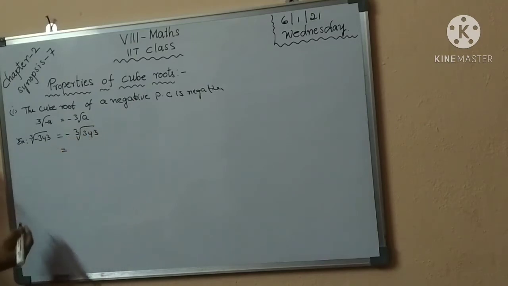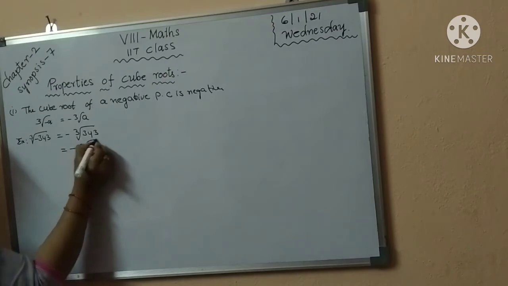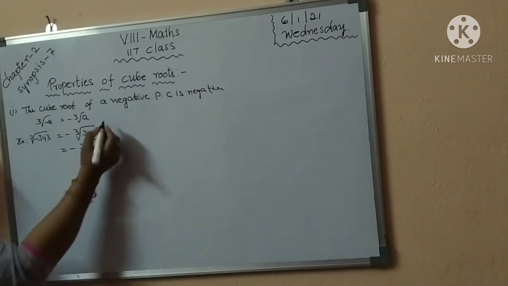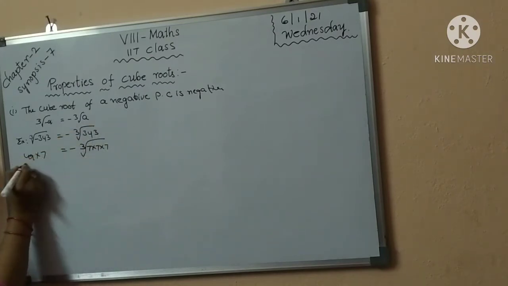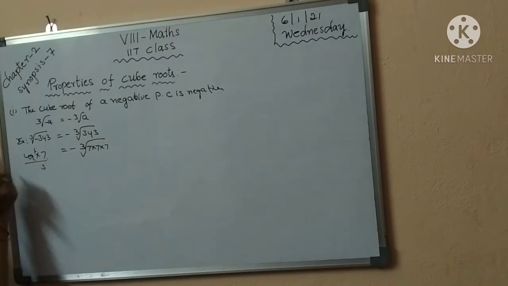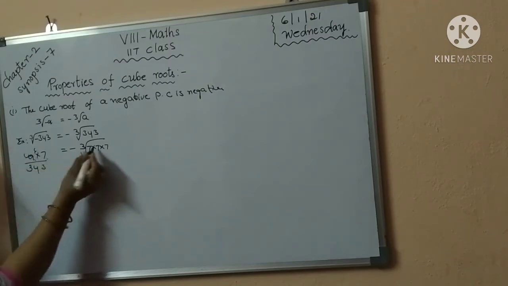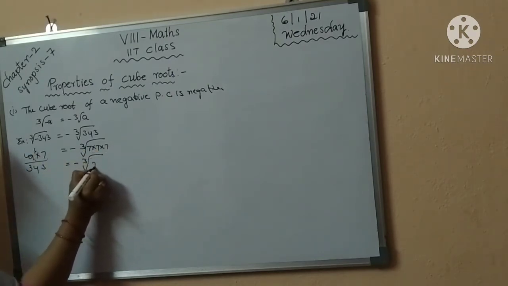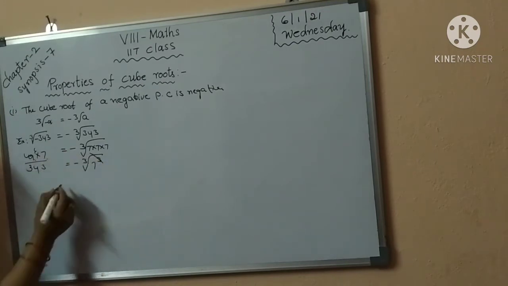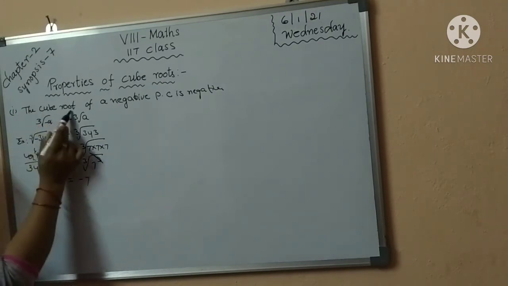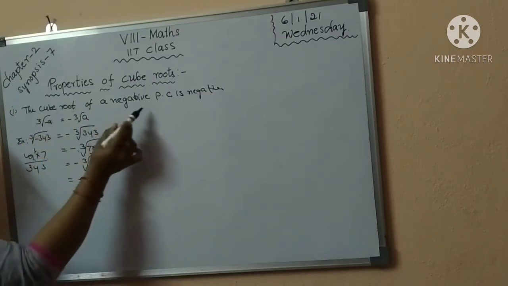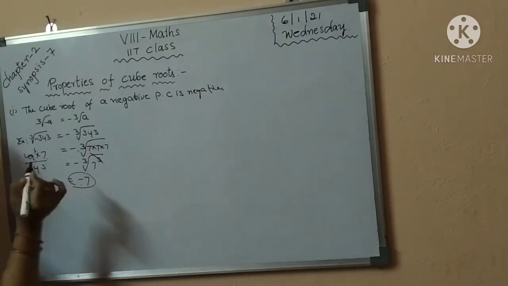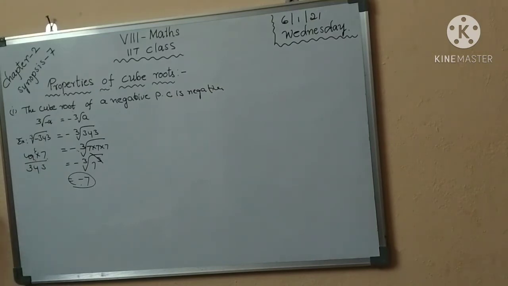So it is a cube number: minus cube root of 7 into 7 into 7. 7 sevens are 49, 49 into 7 is 343. So we write minus cube root of 7 cube. The cube root cancels, giving minus 7. The cube root of a negative perfect cube is also a negative number. Okay, did you understand, children?